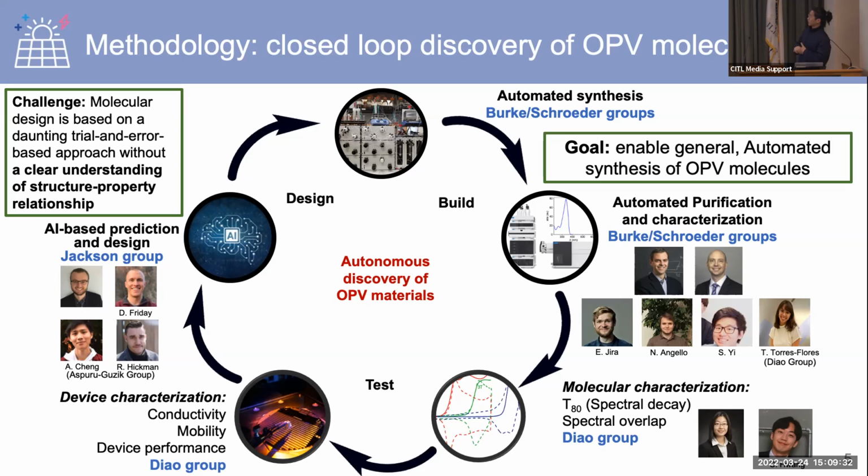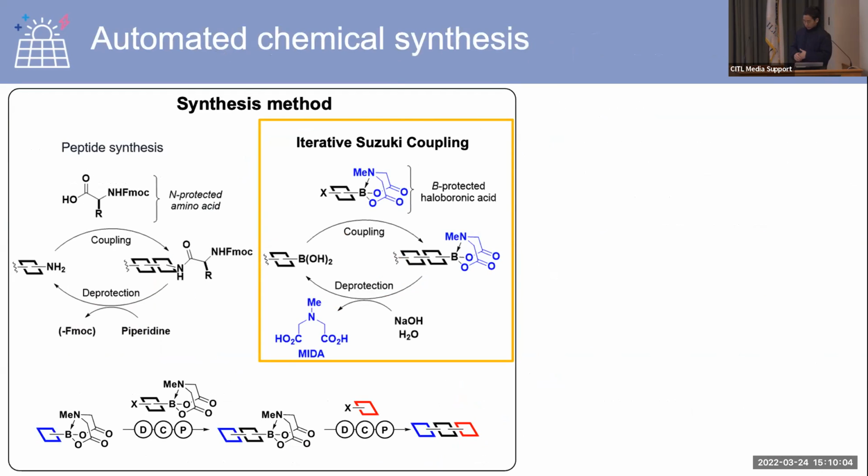The synthesis team, which I belong to, synthesizes all these molecules through automated processes, and the synthesized molecules are sent to the characterization team, who measure and calculate properties related to efficiency and stability. This data goes back to the AI team, and this closed loop process is repeated until we reach our goal. Because I'm part of the synthesis team, this talk will be a little more focused on the synthesis process.